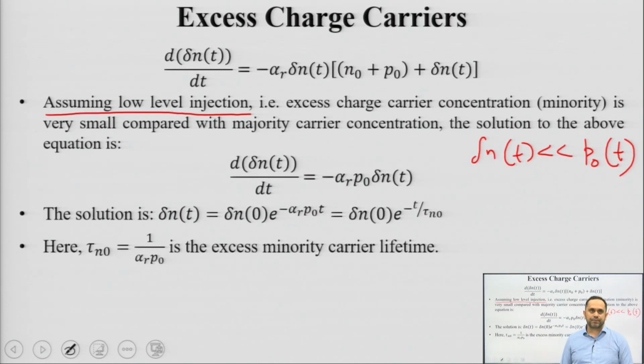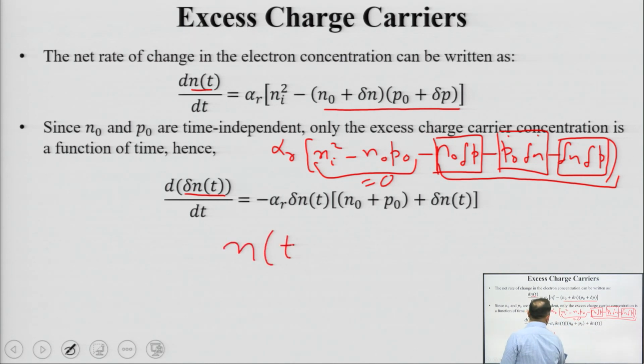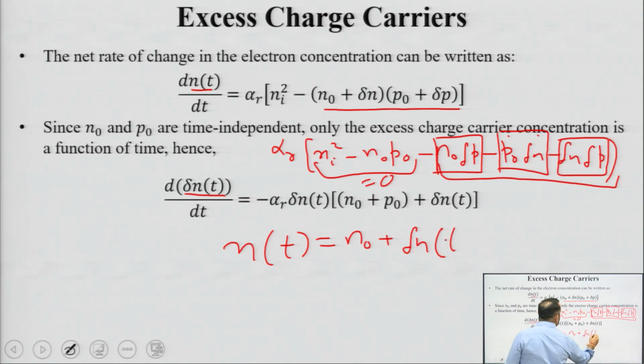So, for a p type semiconductor, you can write the rate of recombination. Now, we have also deviated slightly: here we are using n, here we are using delta n. This is because we are differentiating with respect to time, and n is the total concentration, which is equal to n naught plus delta n of t. Here n naught is independent of time. So, n can be replaced by delta n here.